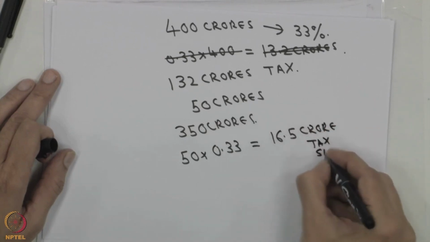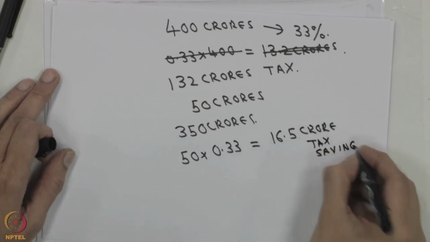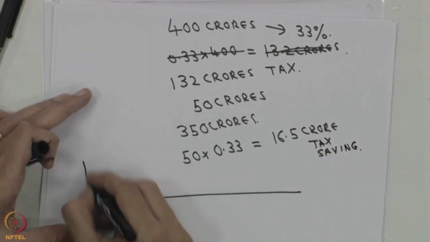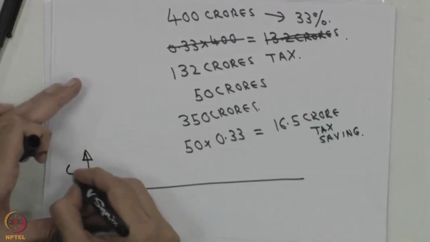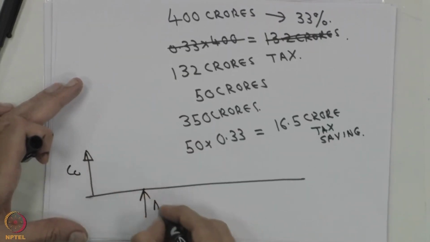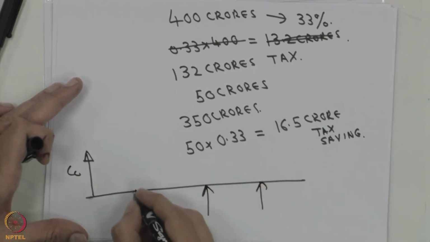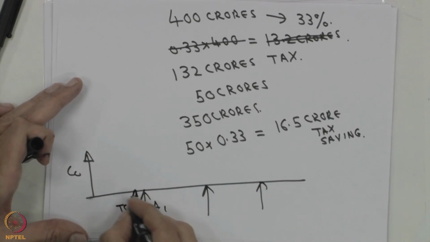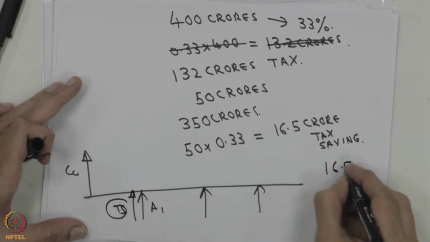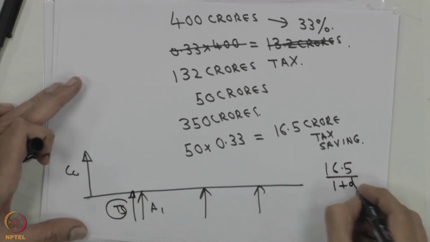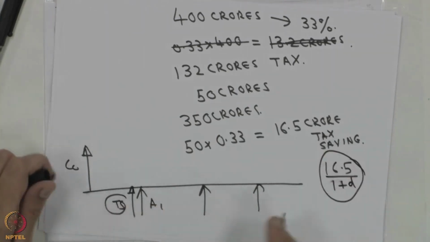So, in terms of the benefit stream of the wind farm, where we have C0 and these annual cash flow streams, we are getting at the end of 1 year an additional tax savings stream, which will be 16.5 divided by 1 plus D, with the result that all the indicators that we talk of, the net present value, benefit by cost ratio, the internal rate of return, would all improve.